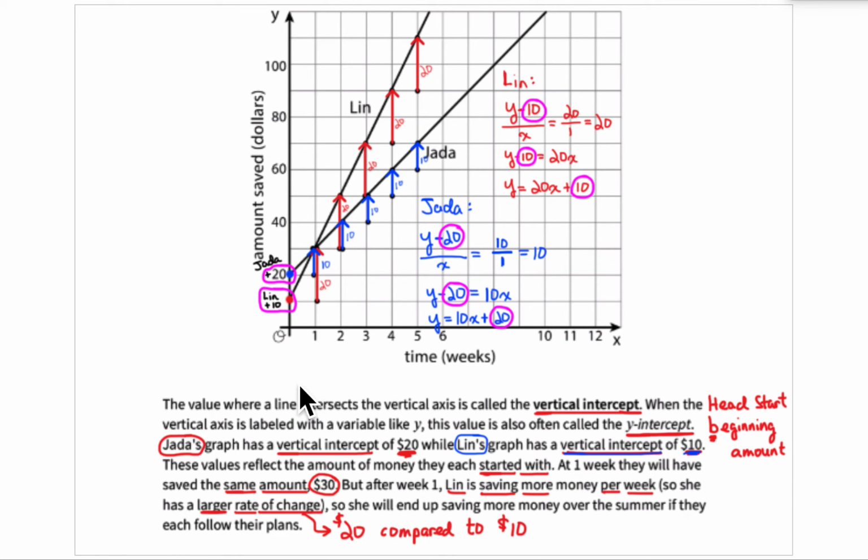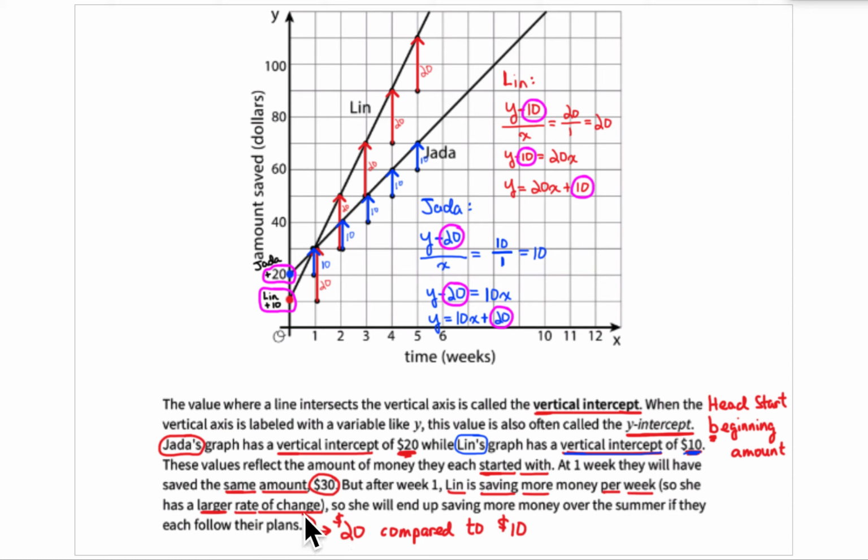So the vertical intercept right here, which is also called the y-intercept, that's the head start, that's the beginning amount. So we're going to use B pretty soon for that number. Jada's vertical intercept, she starts at $20. Lynn starts at $10. After 1 week, they have the same amount. But then after that, Lynn is saving more money per week, so she has a larger rate of change.